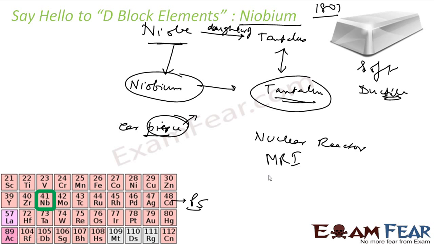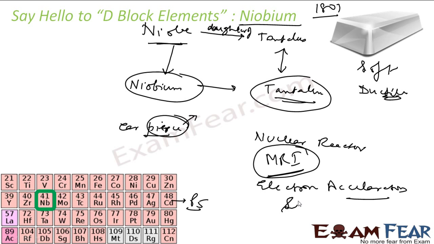MRI, you must have heard of this term, magnetic resonance imaging. This is used as a test to check your brain and other body parts. So there we have superconducting magnets. So here niobium is used. It is also used in electron accelerators.